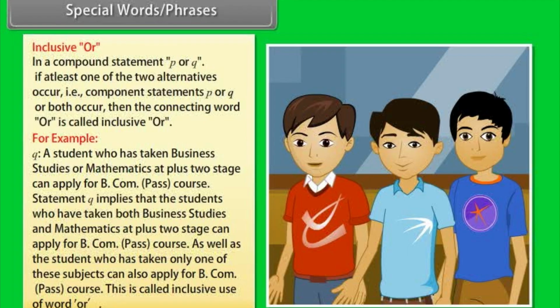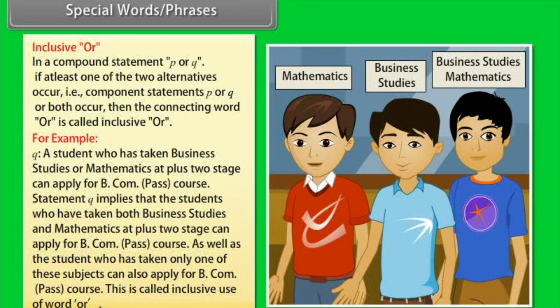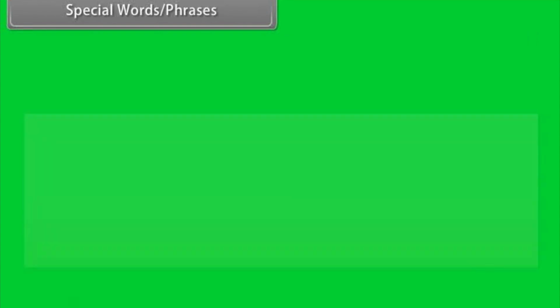Statement Q implies that the students who have taken both business studies and mathematics at +2 stage can apply for BCom pass course, as well as students who have taken only one of these subjects can also apply for BCom pass course. This is called inclusive use of the word "or".